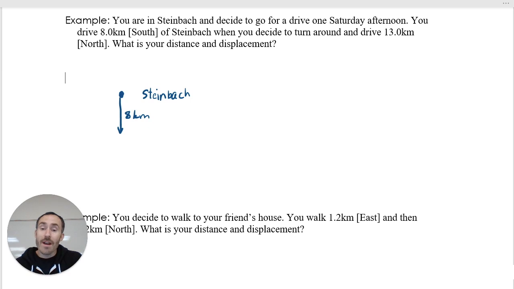When you decide to turn around and drive 13 kilometers north from there. So there's where you ended going south, and now you're going to go north from there by 13 kilometers. And this is where you end up now. So this is 13 kilometers.